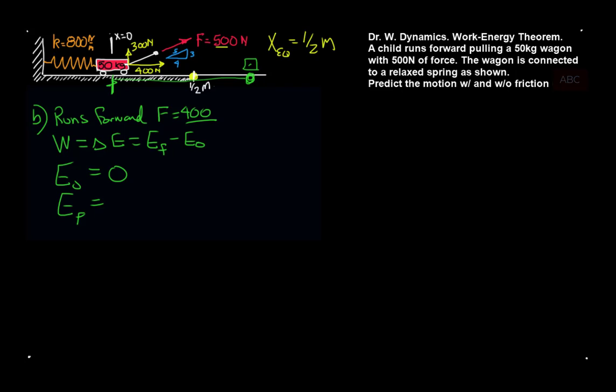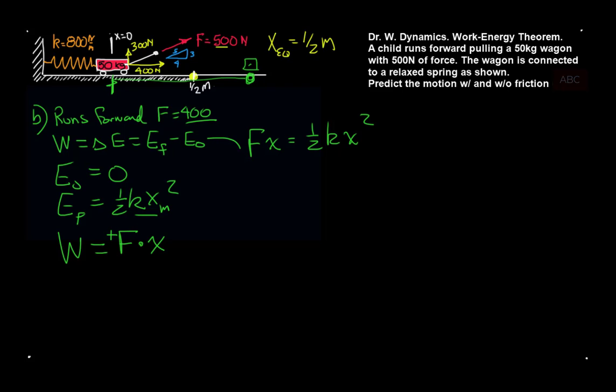So the final energy in this scenario would be 1/2 k x max squared. All the energy is in the spring, and the work done would be the force, 400 newtons, times the distance x, and it would be positive because it's putting work into the system by moving it. So if we apply that to our work energy theorem, we get Fx is 1/2 kx squared.